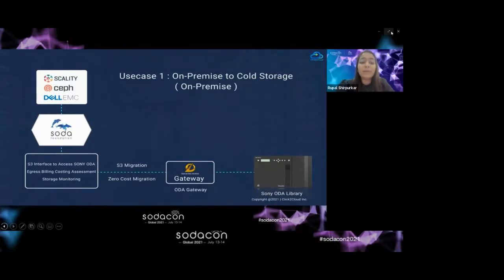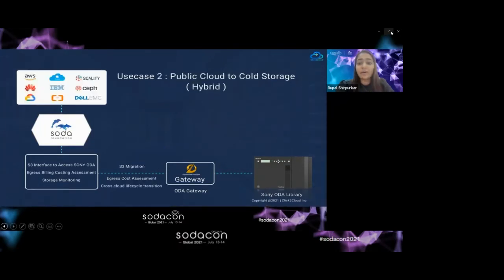Simply, in a hybrid cloud, if you have objects stored in an S3 bucket or a blob or any other storage on cloud, and you want to move the data from cloud to on-premise cold storage in order to save time and cost, cold storage is an option that allows you to migrate your data, ensures data backup, and reduces cost for cloud storage and compliance as well.